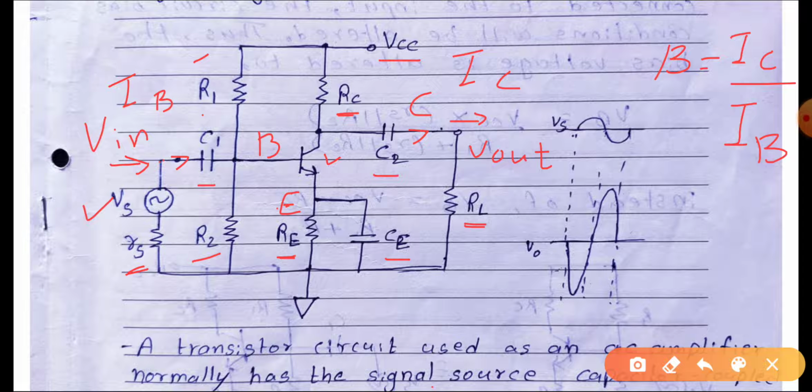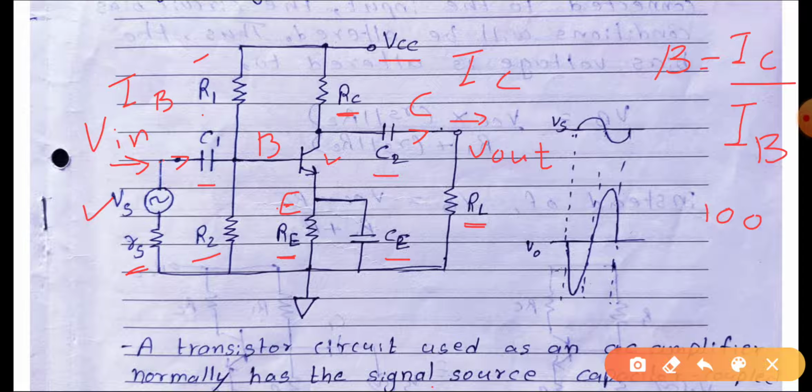So we have already seen the value of beta is in the range of 100. The value of beta is in the range of 100, so beta is for common emitter configuration.